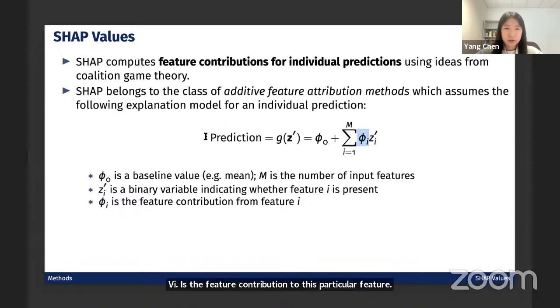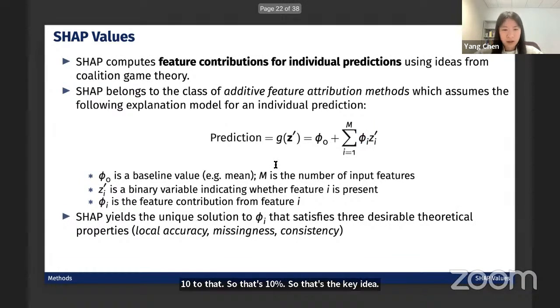For example, the predicted Sym-H value being equal to -100, and then maybe the Bz component is contributing -80 to that. So that's already 80%. And then Vx is contributing -10 to that, so that's 10%. So that's the key idea behind the SHAP values.